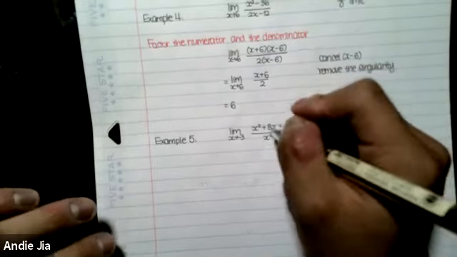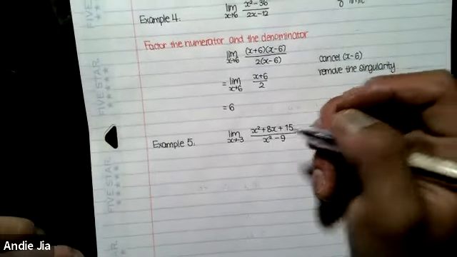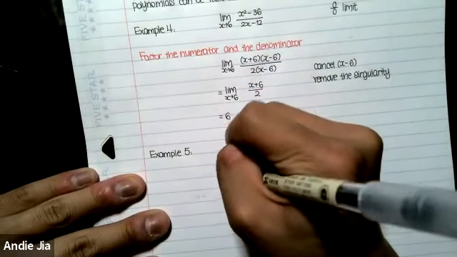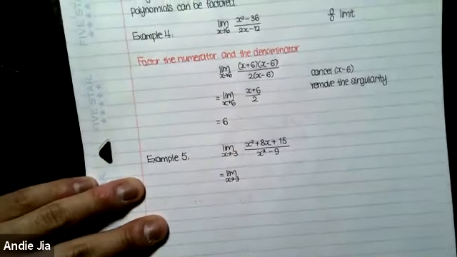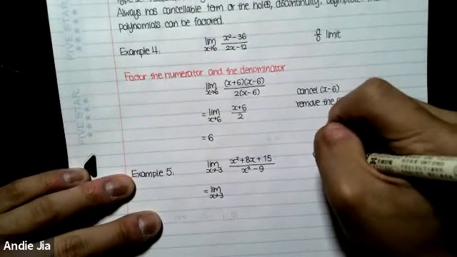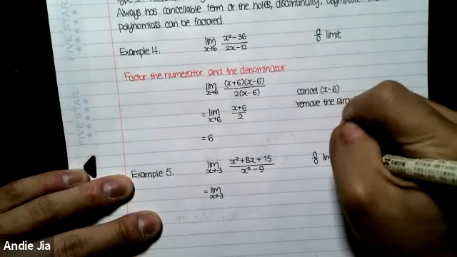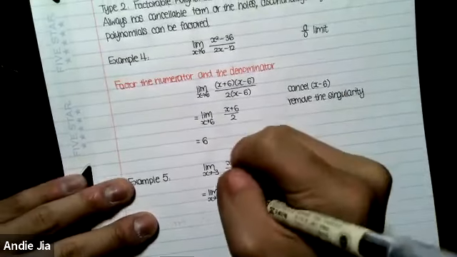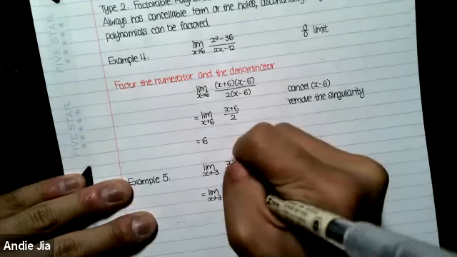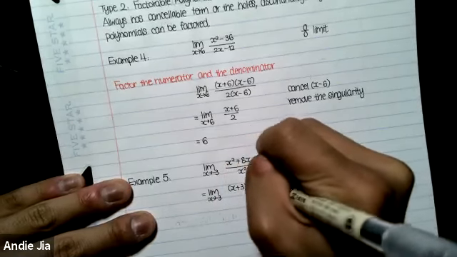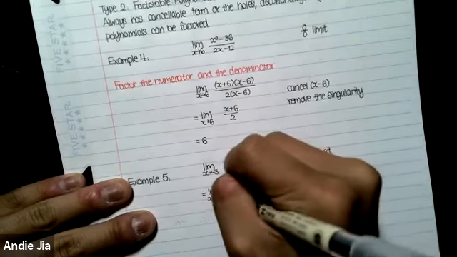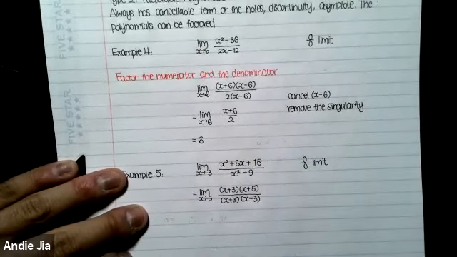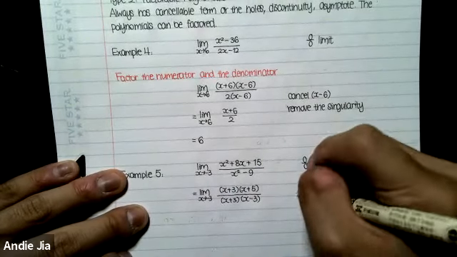And let's factor the numerator. X approaching negative 3 is still a 0 limit. We have x plus 3, x plus 5 over x plus 3, x minus 3. Cancel the term x plus 3.